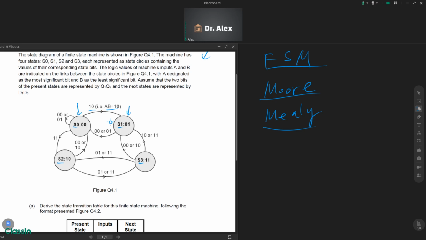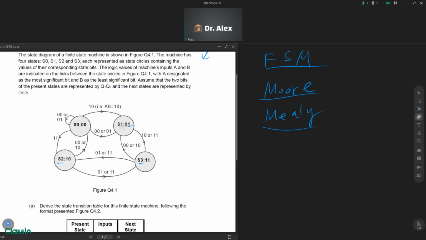Okay? So if currently we are at S0, and we will go to the next state S1, the only trigger is the input 10, which means the next state S1 has no relationship with the previous state S0. So obviously, this state machine is type Moore.